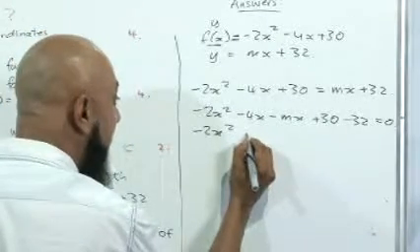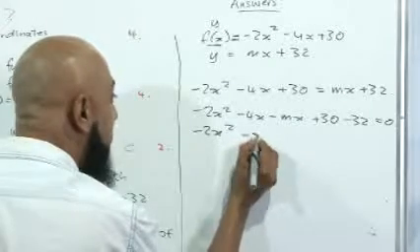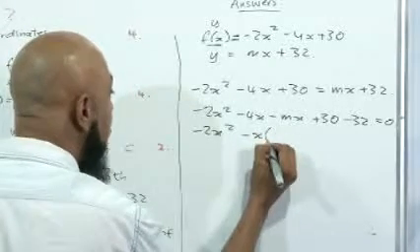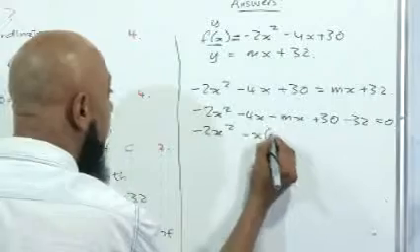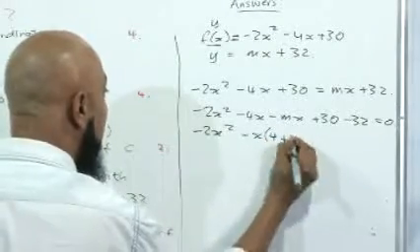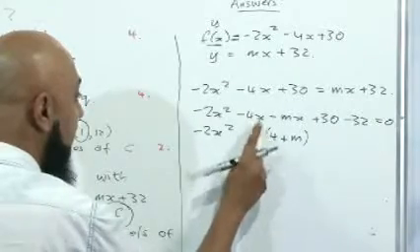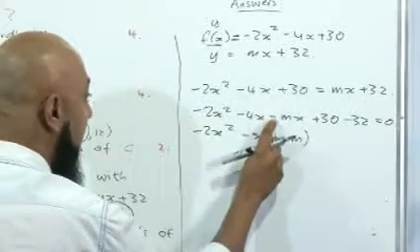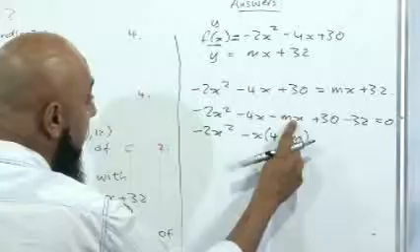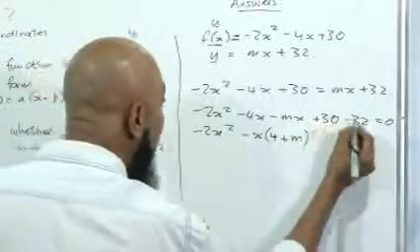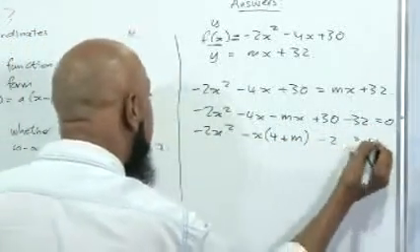Let's just make sure that we're taking it out correctly. We take minus x and we are left with 4 plus m. Correct? Because minus x times 4 will give me minus 4x. Negative times positive will give me negative. X times m will give me mx or xm. Plus 30 minus 32 minus 2 is equal to 0.